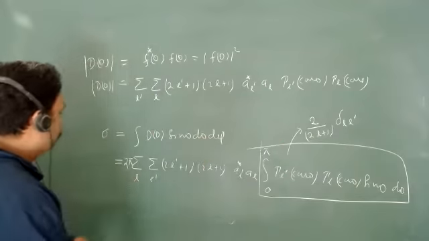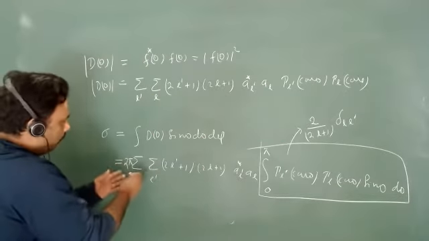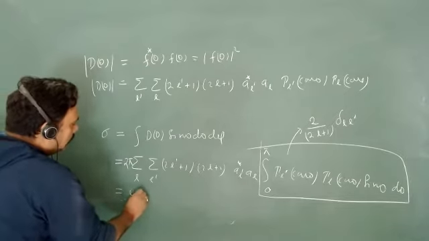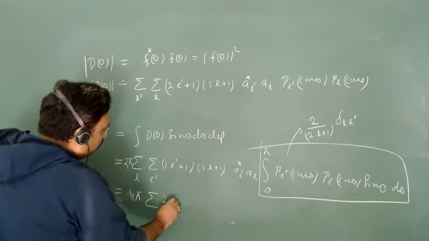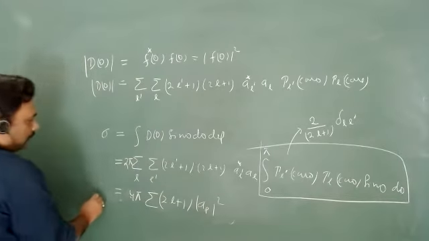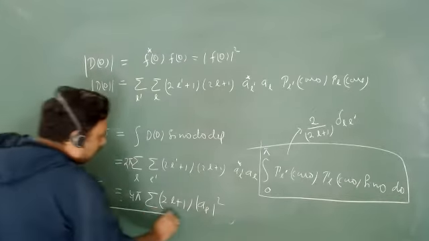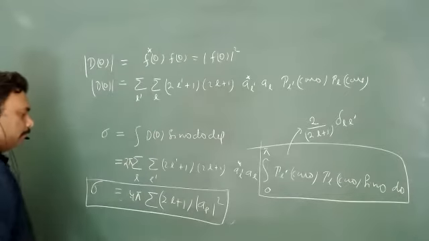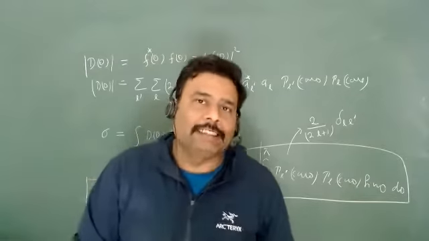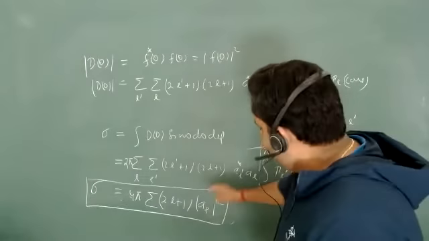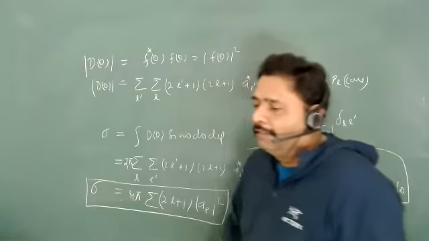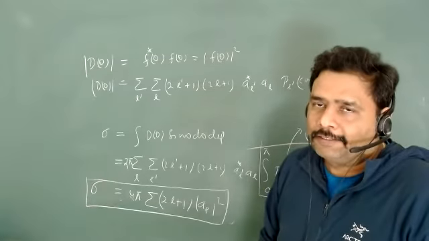This 2 pi will go there, and the double summation will convert to a single summation, and we have 4 pi summation over 2L plus 1 mod AL square, and this is my total scattering cross section. If I am able to calculate AL, again the challenge is always there, I can write my total scattering cross section.